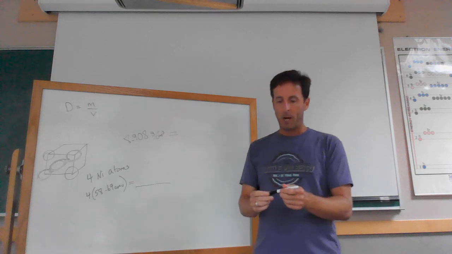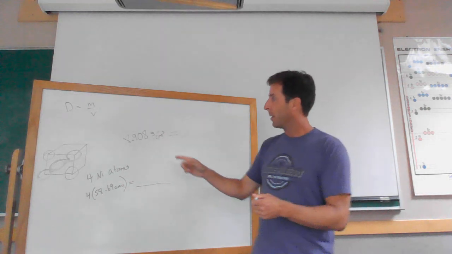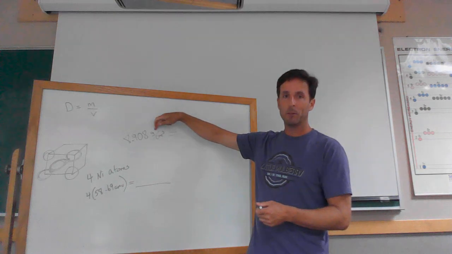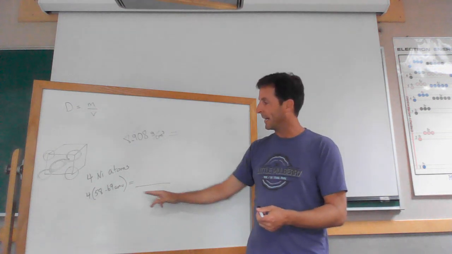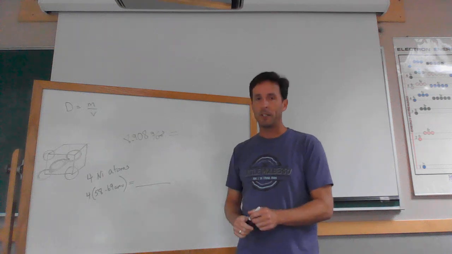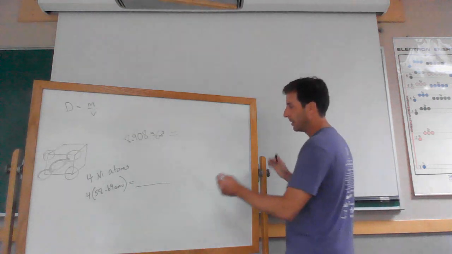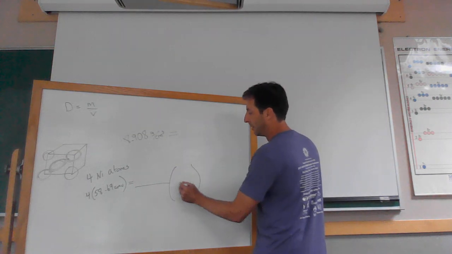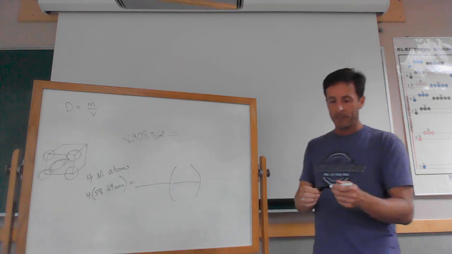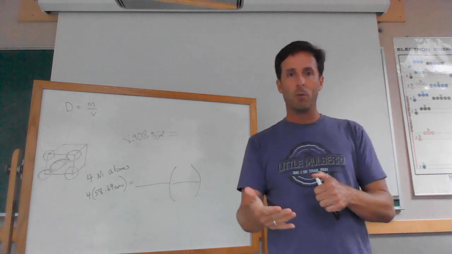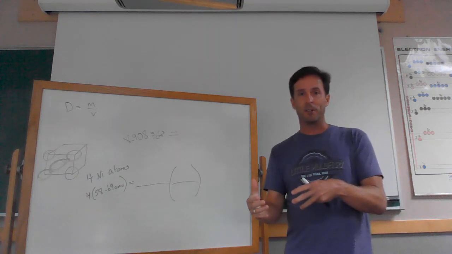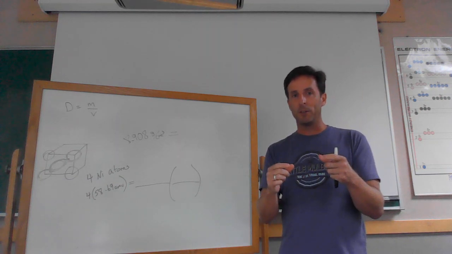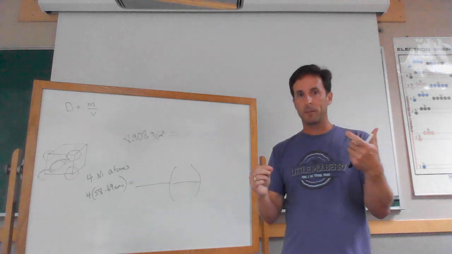Now my problem though is my mass is supposed to be in grams, and I'm going to have the mass in AMUs. So once I get that number, which will be 4 times 58.69, to convert it, you guys in 1211 learned Avogadro's number is the number of atoms in a mole. Specifically though, really, Avogadro's number in its true nature is actually the conversion unit between AMUs and grams.